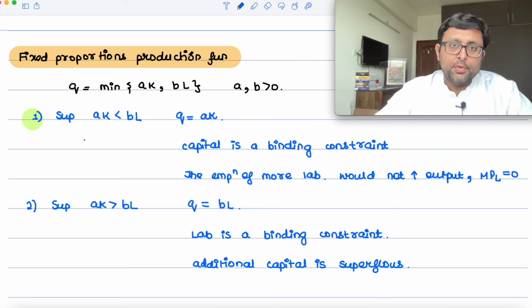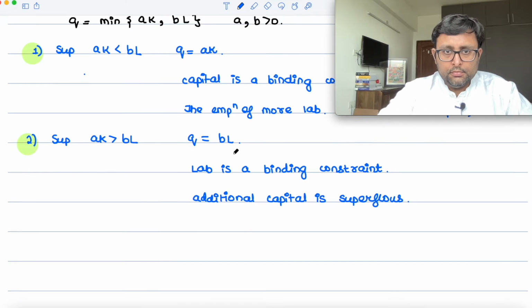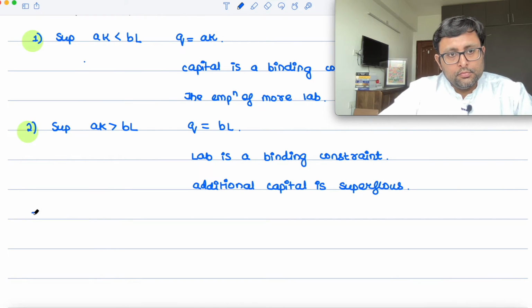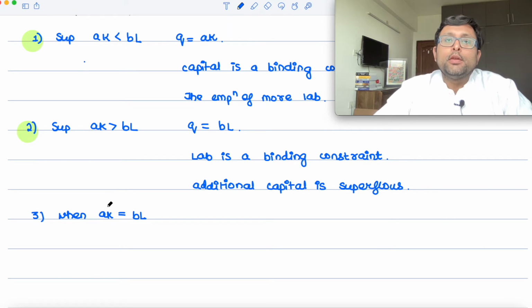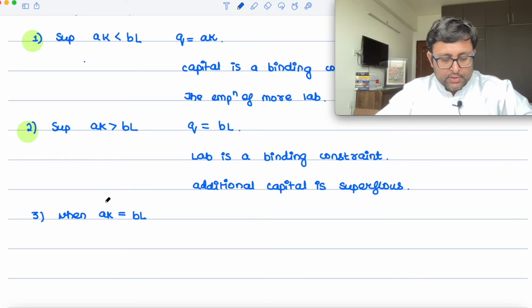Additional capital is superfluous, right? That is one thing. Other, when AK is equal to BL, then both inputs are fully employed, right?